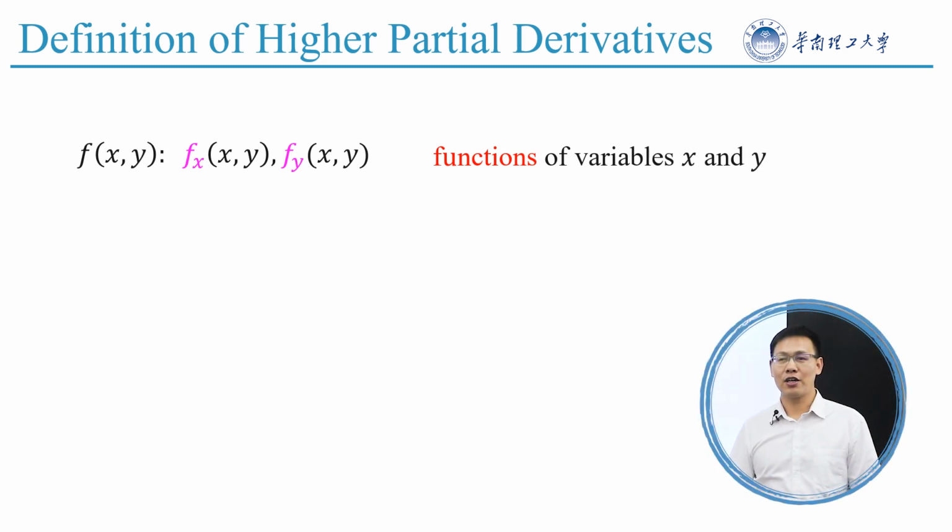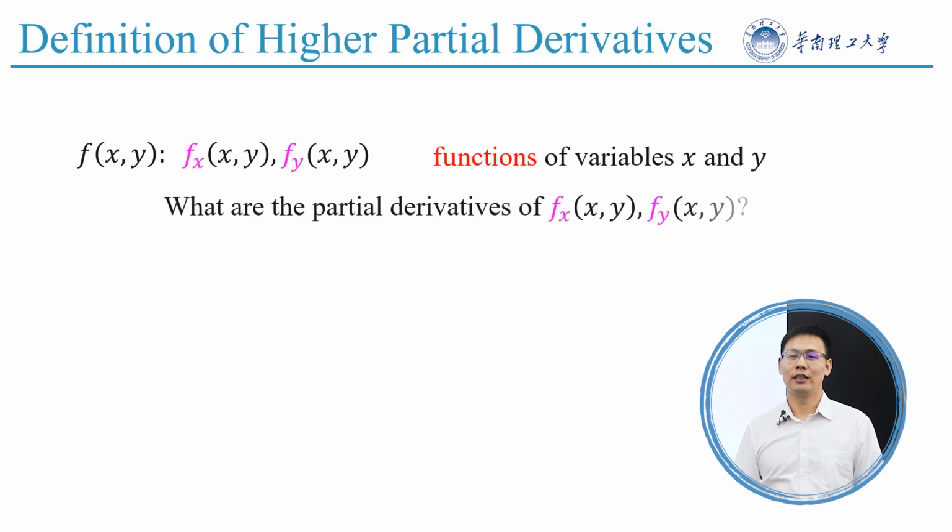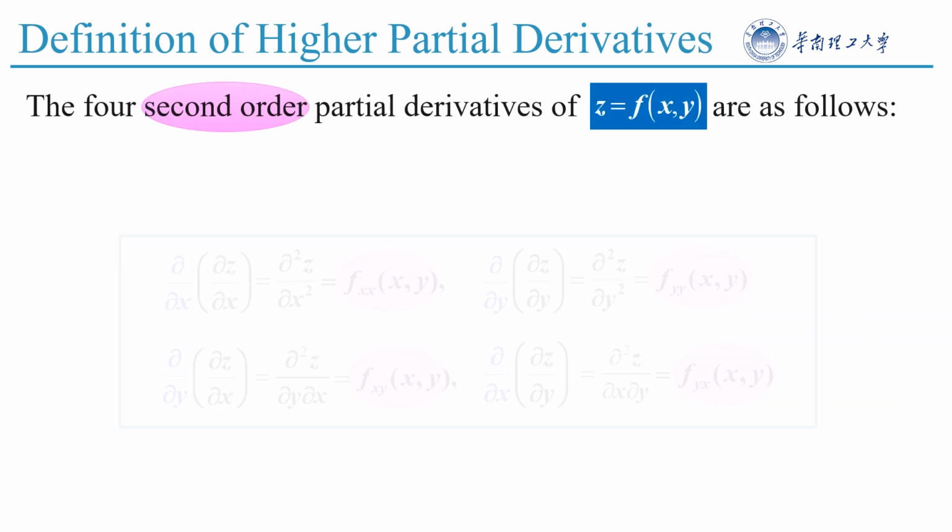What are the partial derivatives of fx and fy? If both of them have partial derivatives, we call them the second-order partial derivatives of f(x,y). The four second-order partial derivatives of f(x,y) are as follows.